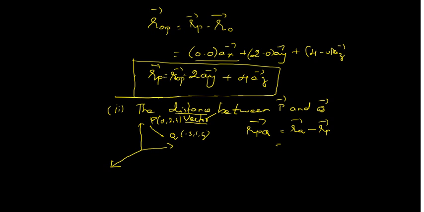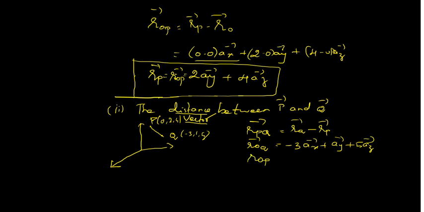So here we can write ROQ is equal to -3 Ax vector plus 1, so just Ay vector, plus 5 Az vector, and ROP.